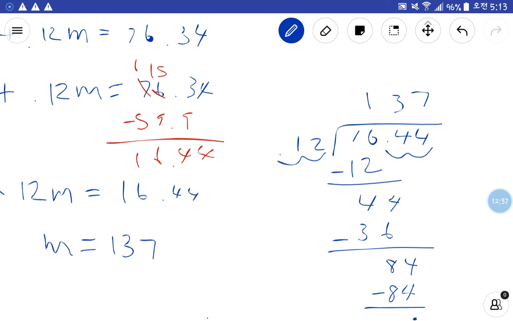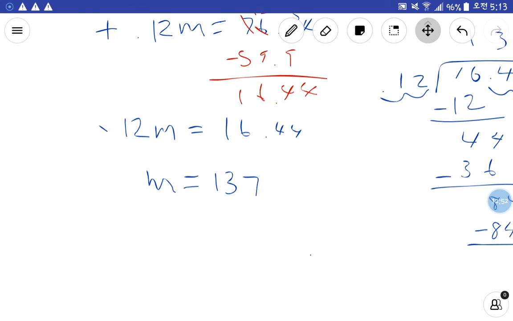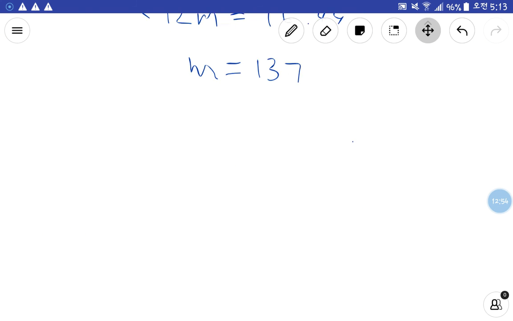So how do we interpret this? Miss Smith drove the van 137 miles, right? So part C, estimate to check the reasonableness of your answer to part B. So I'm going to round all the information which I know.